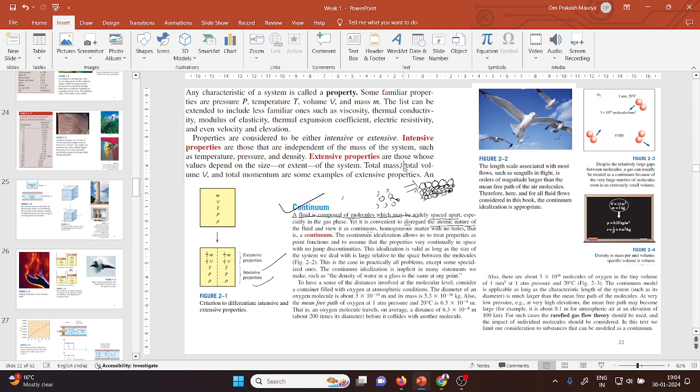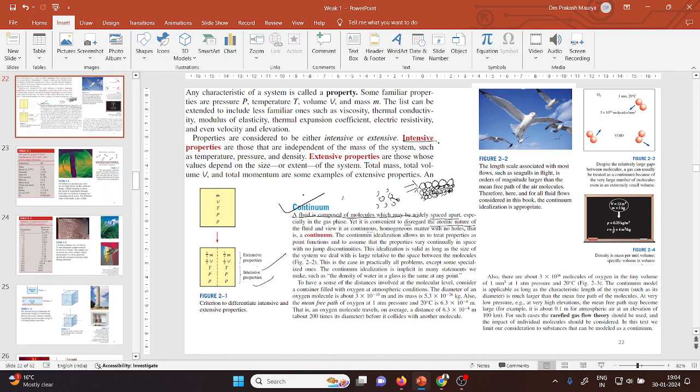So what is an intensive property? Intensive properties are those that are independent of the mass of the system, such as temperature. Your temperature is not dependent on mass. Pressure and density are also intensive properties.